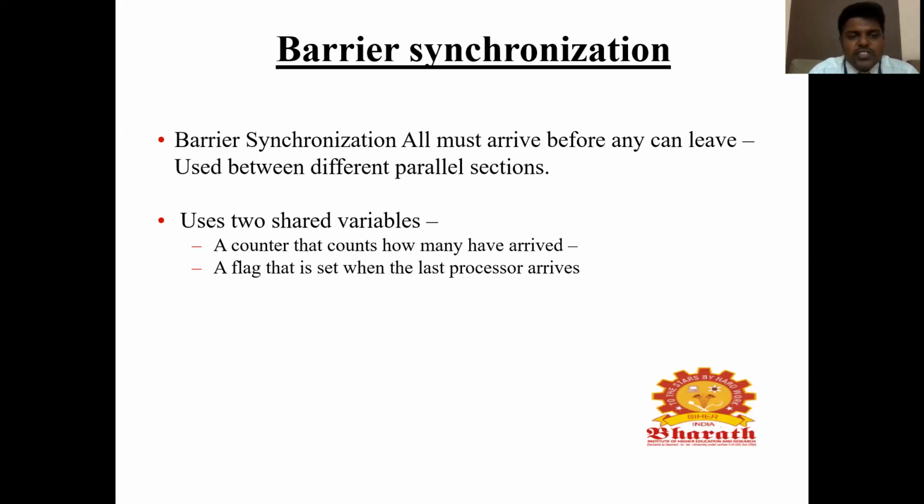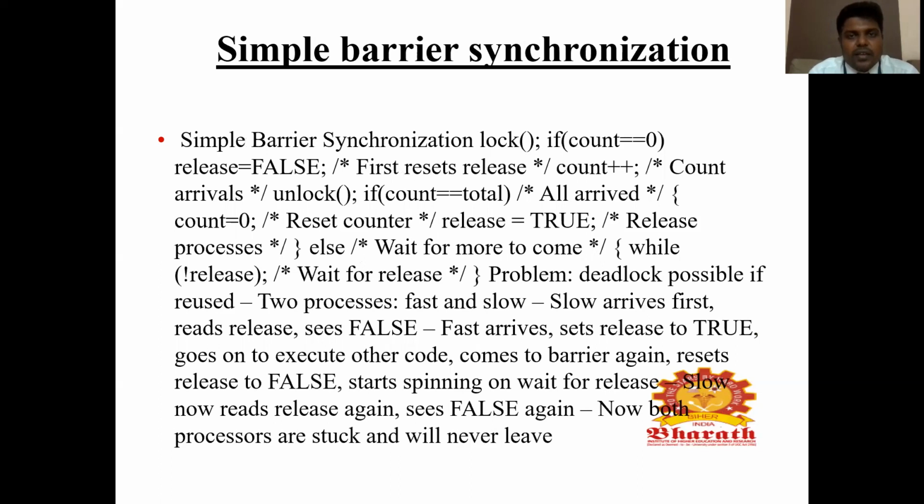This barrier condition uses two shared variables: one is a counter variable, which counts how many have arrived, and the other is a flag variable, which says when the last processor arrives.